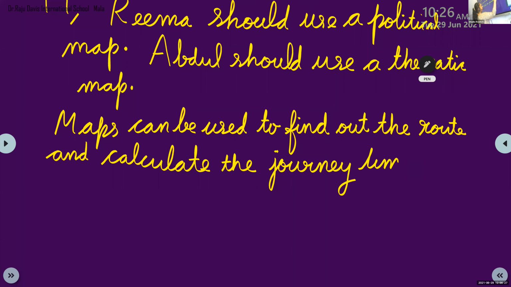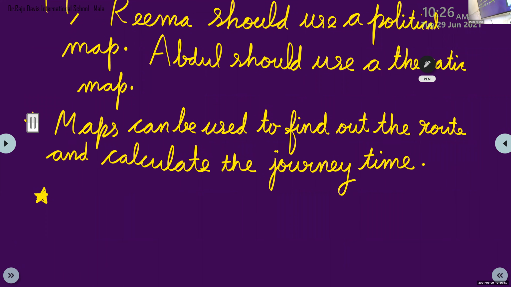This is the first point. You can put a star and write. So point wise, it's very easy to learn. Maps can be used to find out the route and calculate the journey time. Point number 1. Then second point, because we are supposed to write 2 points. Put a star like this and write the points.